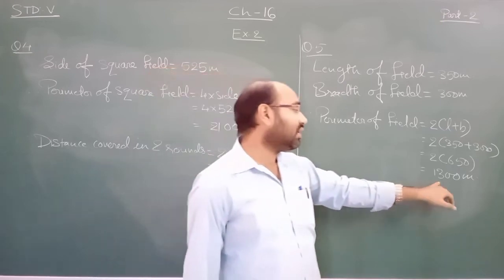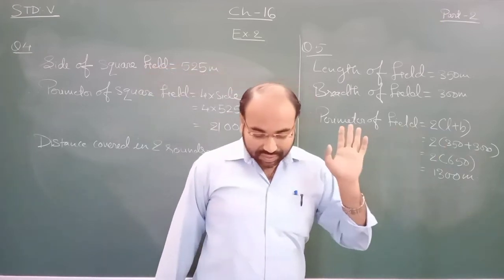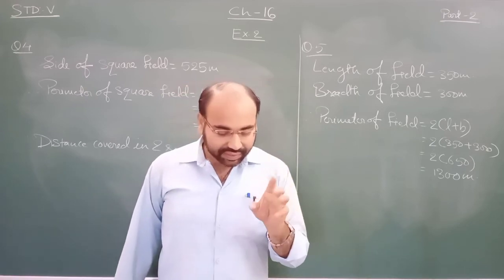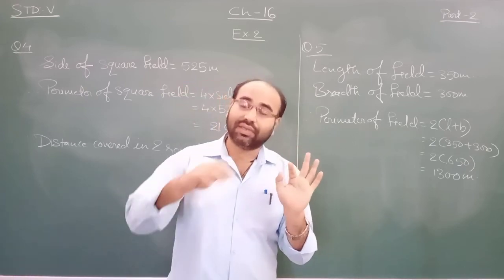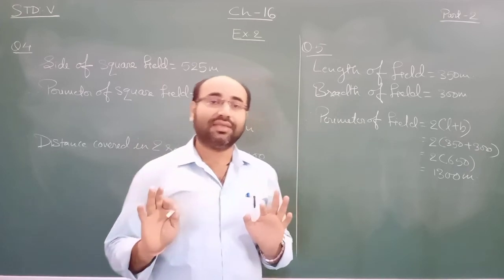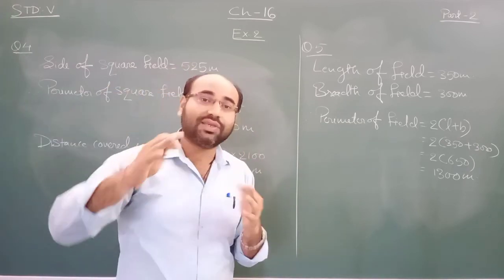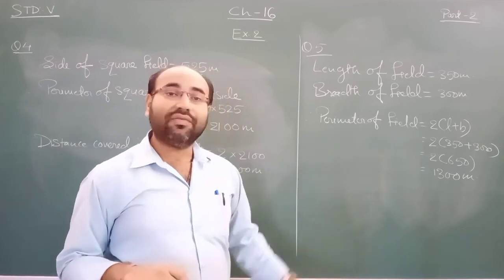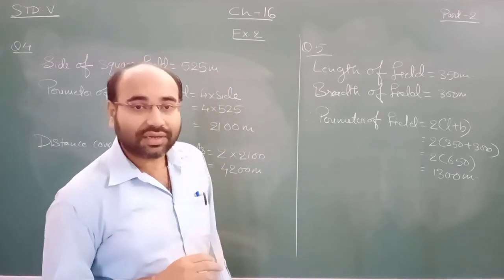So you will be covering how much? 1300 मीटर। अब यहाँ पर क्या बोला है? Find the length of wire needed to fence around it. उसके चारों साइड वायर लगाने के लिए कितना चाहिए, कितने राउंड वायर चाहिए वह नहीं बोला है, सिर्फ कितना वायर चाहिए वही बोला है। So how much wire will be required? 1300 meters.